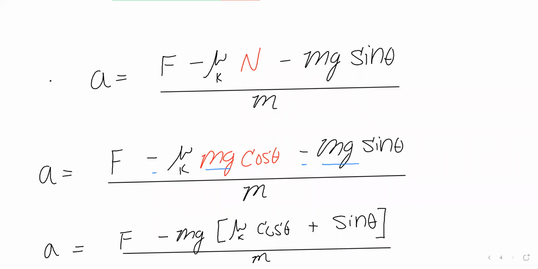Again, notice how we factored out a negative, so this becomes a plus here. Because if I were to redistribute this back in, we'd get our previous line. And our previous line was negative mu mg cosine theta minus mg sine theta.